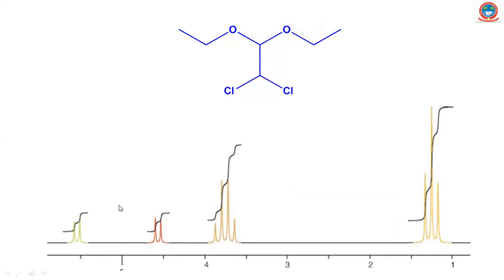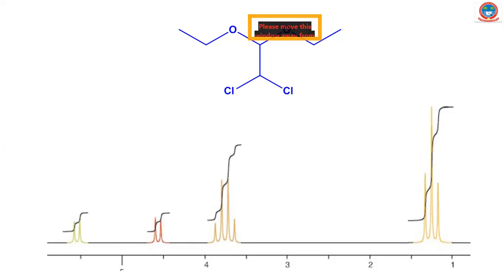Can you tell for which proton this red colored signal is the splitting? This proton or this proton? The proton near the chlorine or the proton near the oxygen? Who will tell? This red colored signal is for which type of proton? This or this?